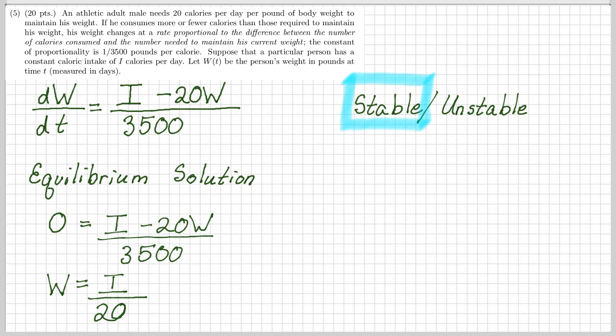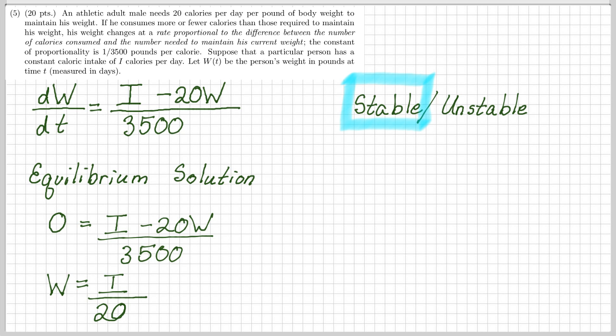Okay, so for thinking about stability, you weren't supposed to use any math to think about the stability. You were just supposed to reason about the context of the problem. And for that, we think about what it means for something to be stable or unstable.